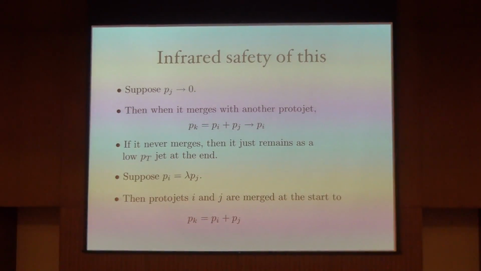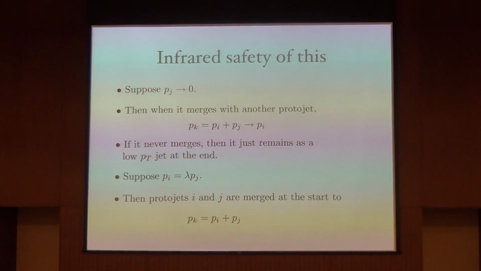Okay, that should be pretty simple. Is that infrared safe? You should think about that. Suppose one of the protojet momenta becomes 0. Then when it merges with another protojet, really nothing happens. If pj is really, really small, this pi plus pj is just about pi. So infrared protojets don't matter.